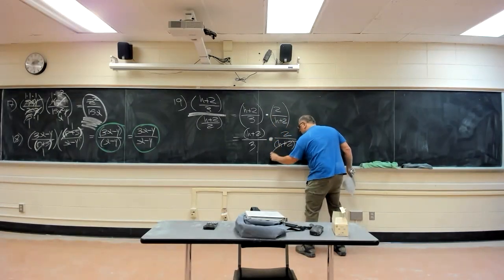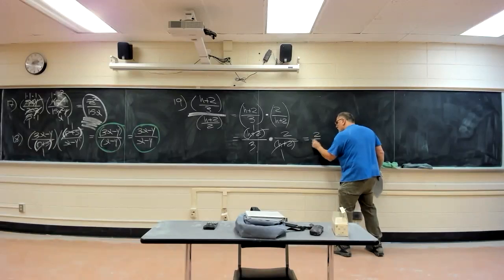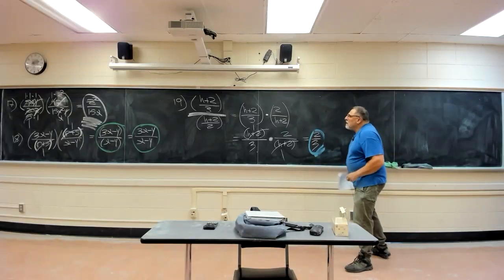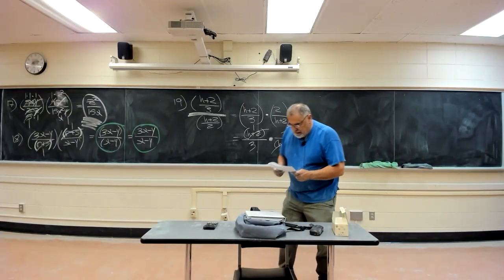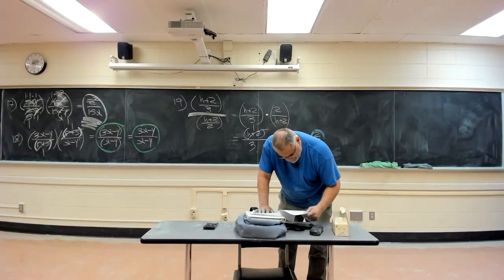Write it like this. Just always check, guys. Always check. That was 19. 19 is 2/3.